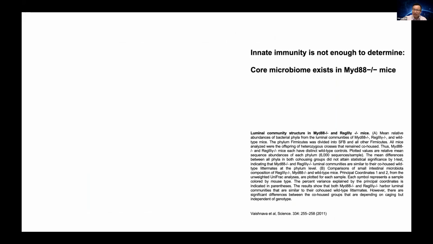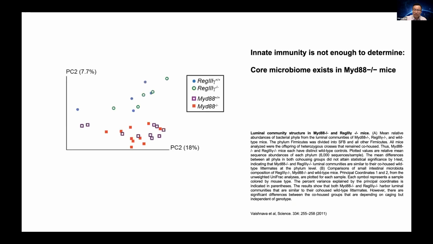When I look at the literature, if you look at the microbiome data in the MyD88 knockout mice, this is a toll-like receptor signaling adapter. So in these mice, they basically knock out the innate signaling.